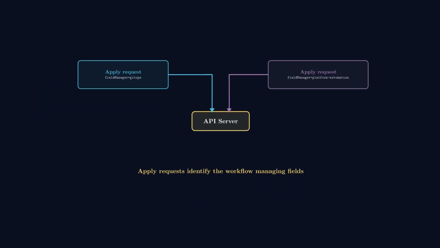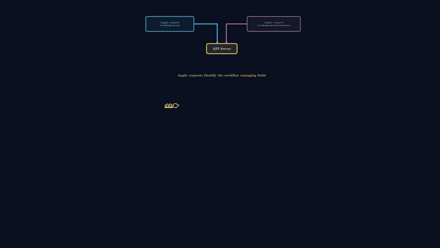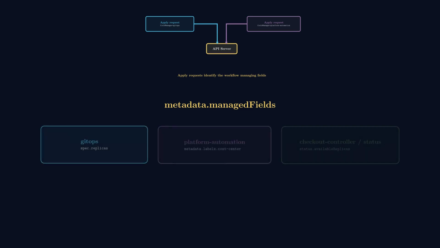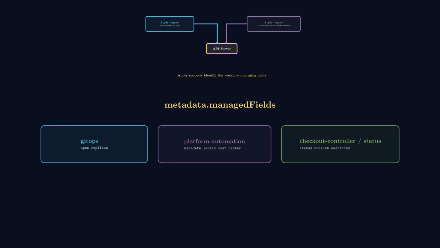Kubernetes stores field management information in metadata.managedFields. You can think of it as a map of which workflow currently claims which fields. For example, GitOps may manage spec.replicas, platform automation may manage a cost center label, and the checkout controller may manage available replicas through the status subresource.